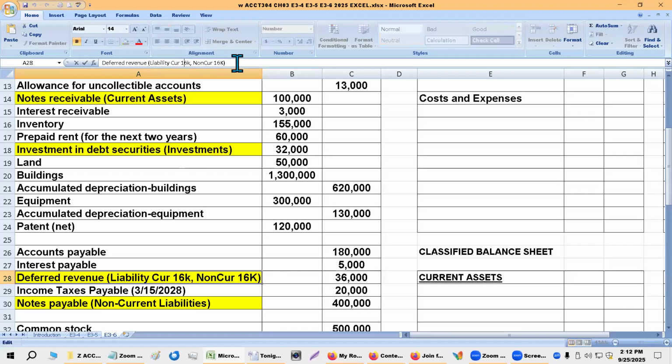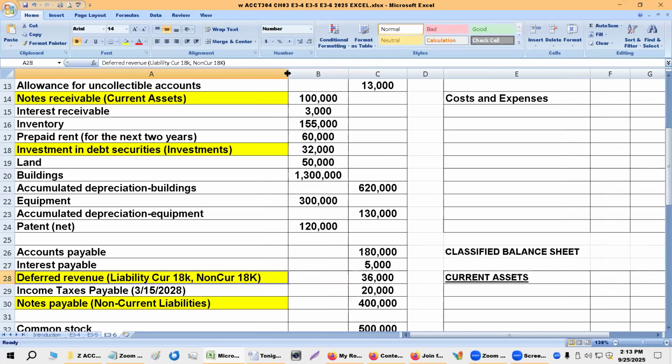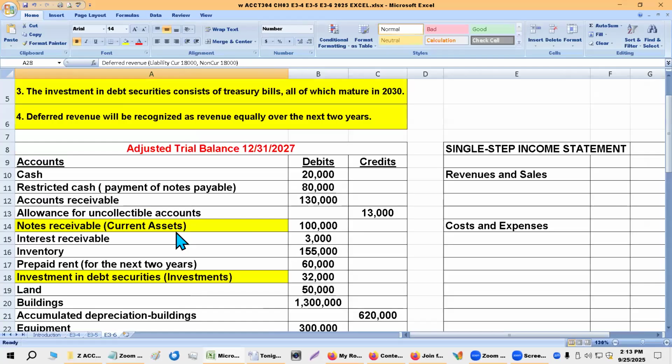It's not 16,000, it's 36, so half of 36 is 18, right? 18 plus 18 is 36. Actually, I can just space this out a little and write it down. That's it for those, right?